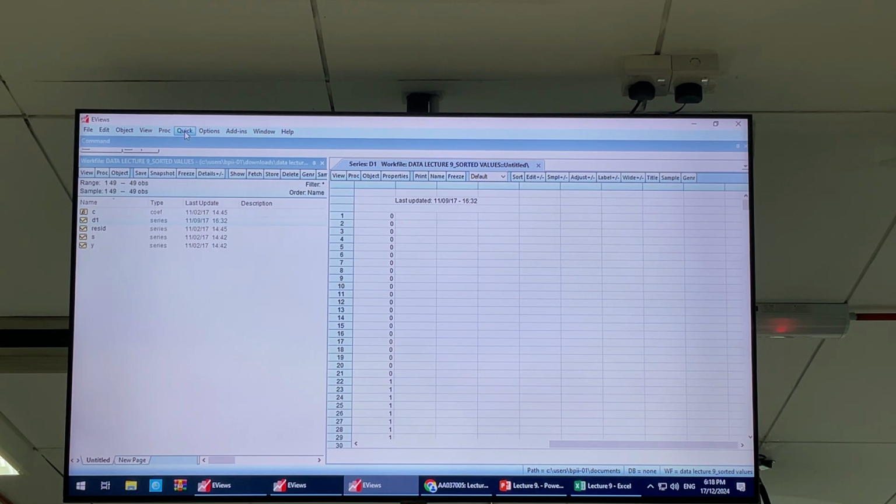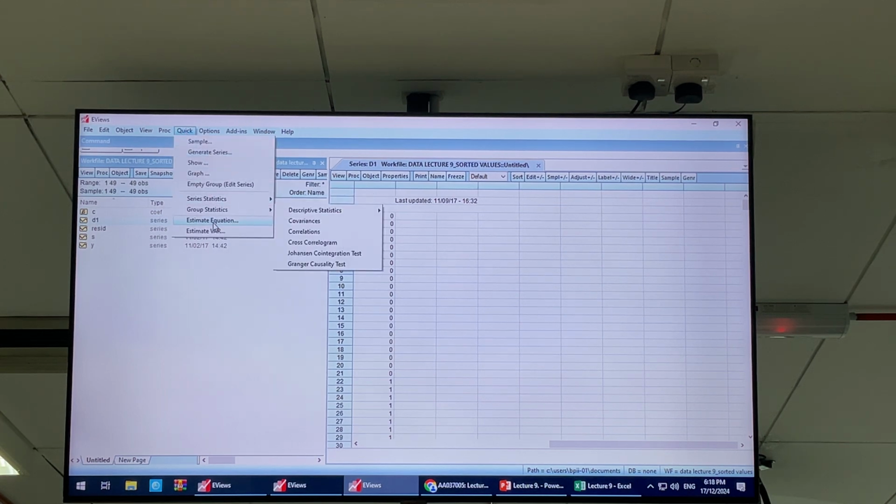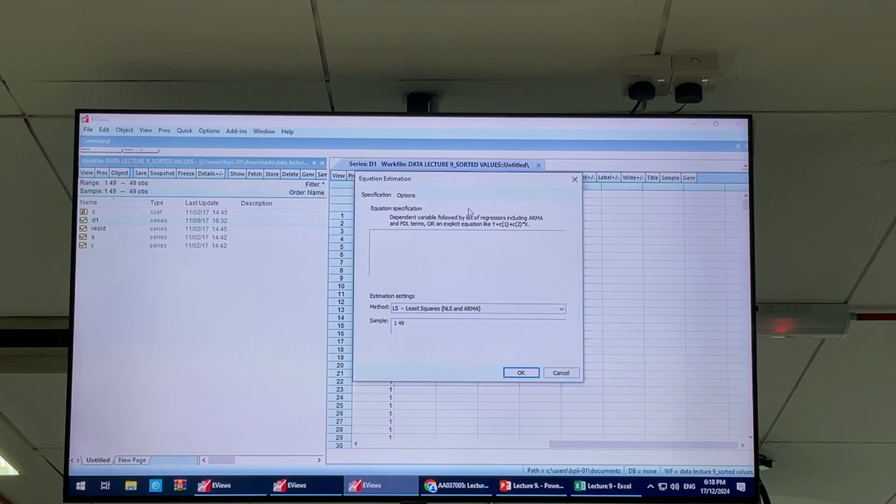So if you do that, you go to Quick, Estimate Equation. So you have S space C space Y for male first, observation number 1 to observation number 21. And then you compare, you see the difference. So meaning that we get different estimates. If we estimate the model separately, you can see the estimates are not the same.